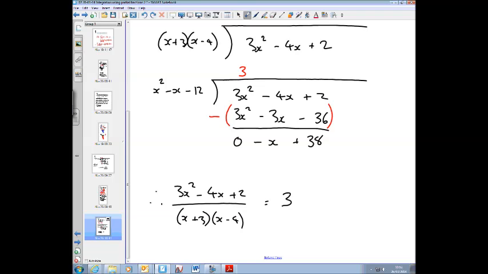And then the remainder plus, if I write the positive bit first and then minus x over my expression, which again I'm going to write as x plus 3 x minus 4.